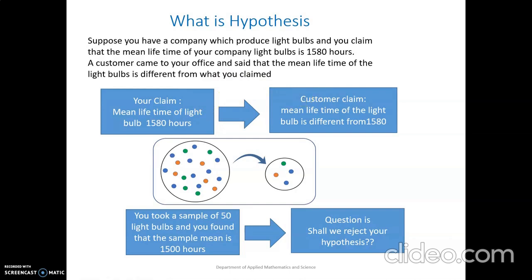Now, in order to test this claim, what we normally do in statistics is, because we cannot test each light bulb, all the target population of our company, we would have to take all the light bulbs and test whether the mean lifetime is 1580.